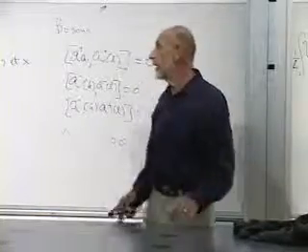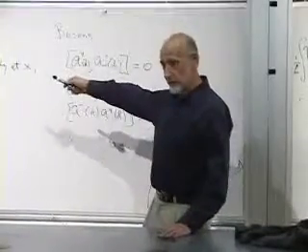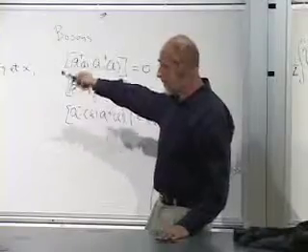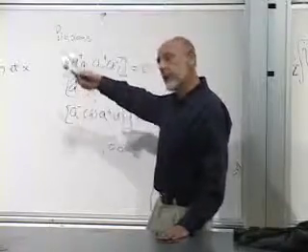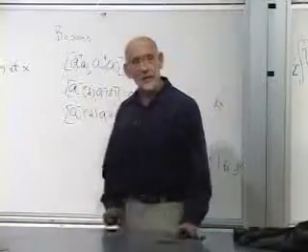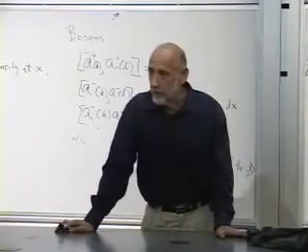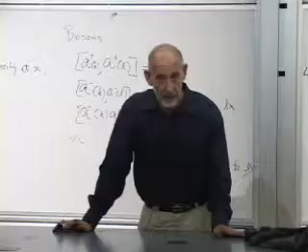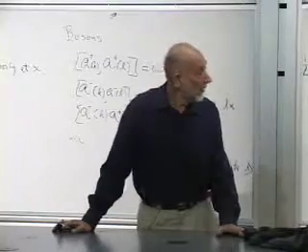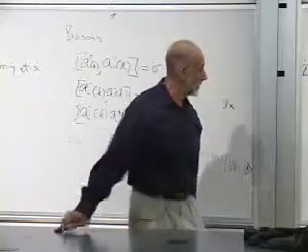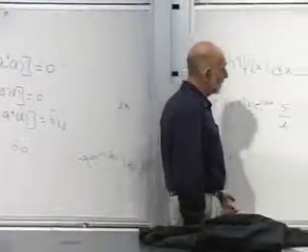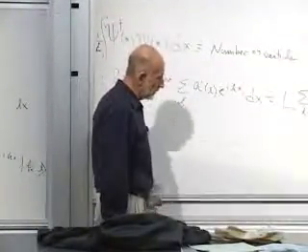This might be the field for photons. Because of relativity, we have to modify it a little bit. This would not be the field of electrons because electrons are not bosons, and they have to be dealt with differently. Okay, that's the basic theory of bosons.